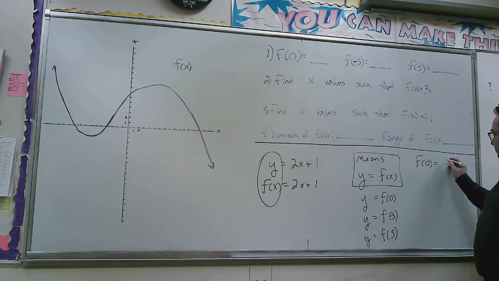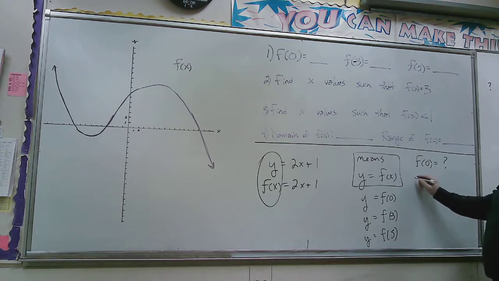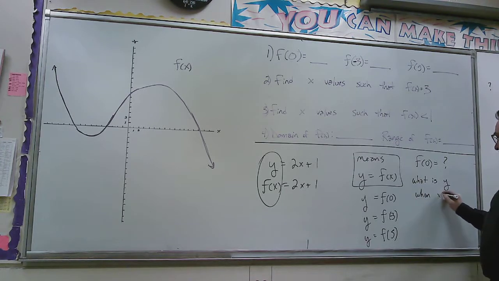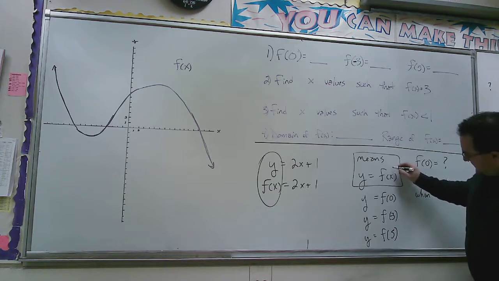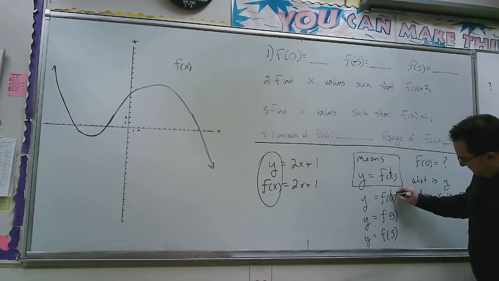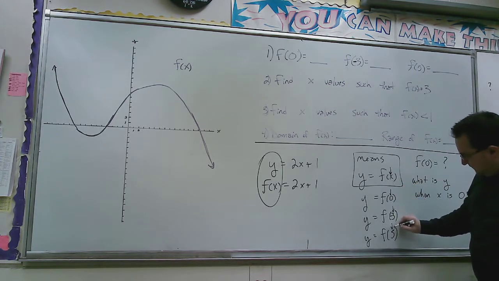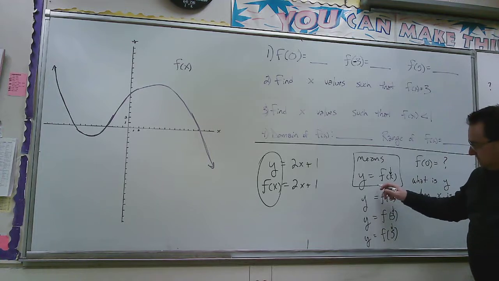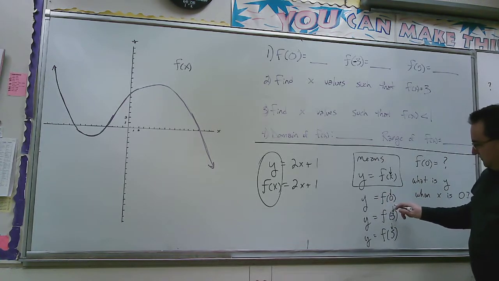What this means is, what is y when x is 0? See, this is the x slot. See how that's in the x slot? So this is saying, what is the y value?